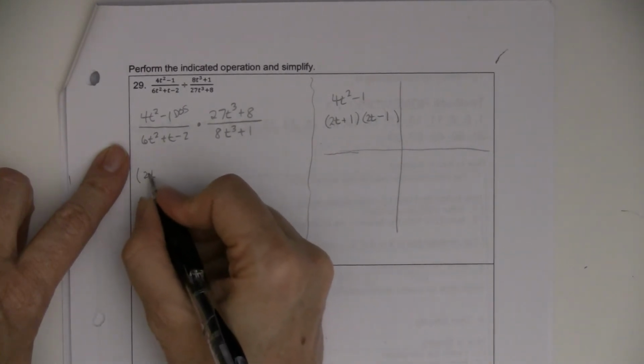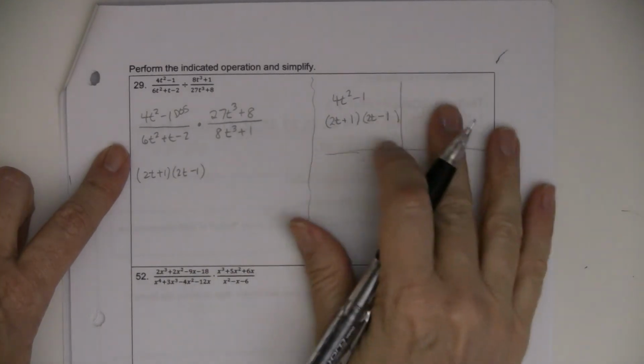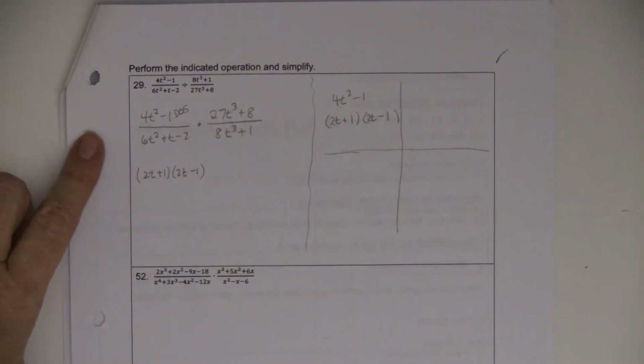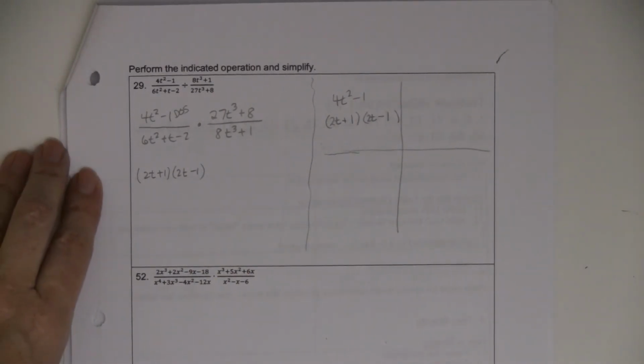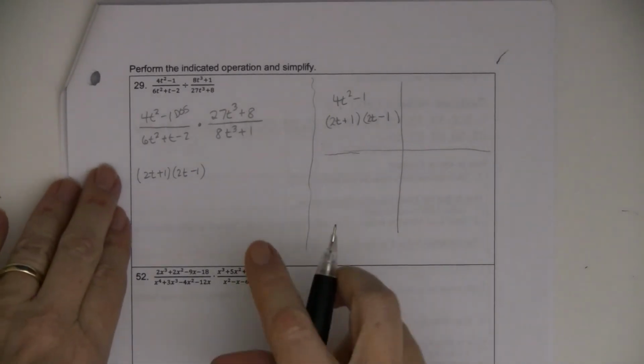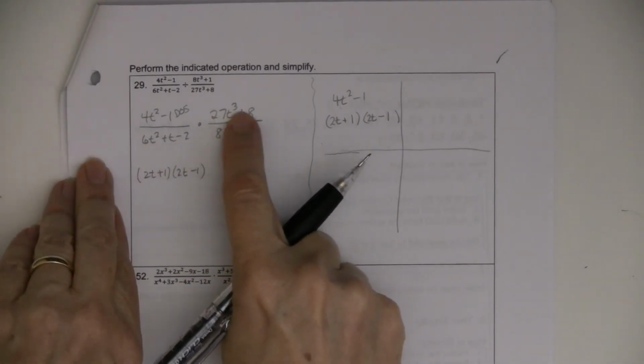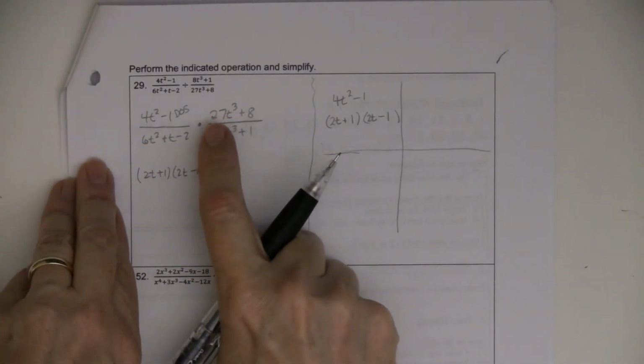So I'm going to put that right here. 2t plus 1, 2t minus 1. You only have to go over here on your side piece of paper if it helps you factor it. You don't have to do that if you know how that factors. Then I would factor trinomials last probably, just because they're not my favorite.